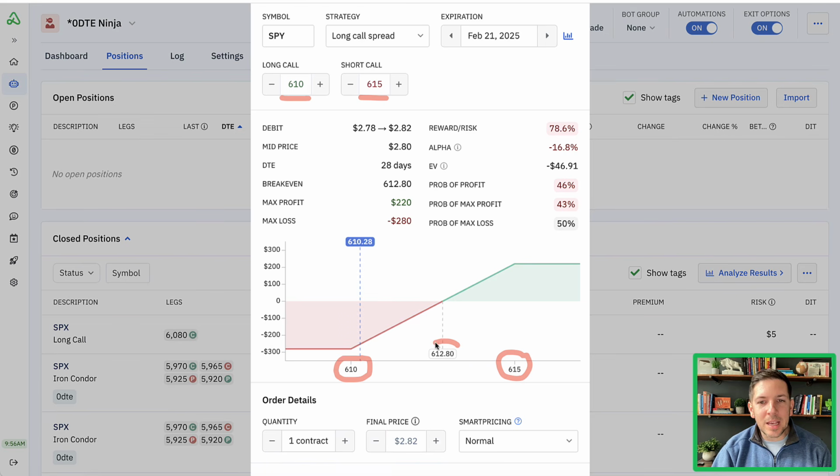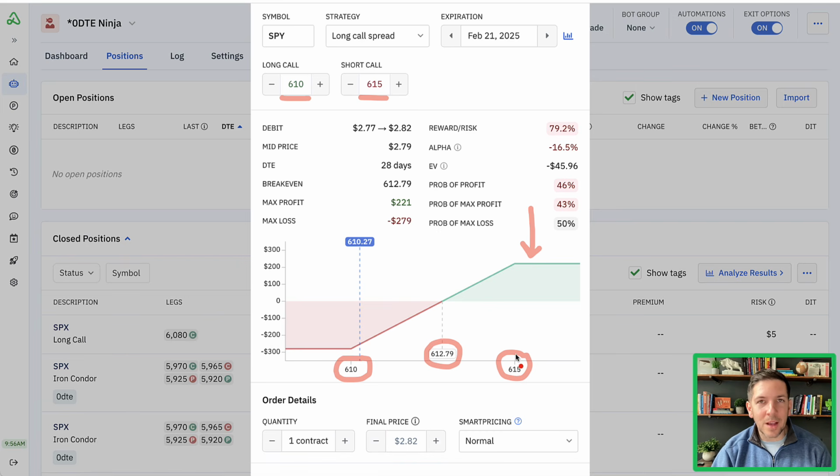And then your break-even price is the price at which you pay, so your mid price essentially plus your long strike. This is your mid price, their break-even price that you have to get to make this strategy profitable. But notice what we're doing here is we're reducing the overall cost by reducing our upside potential.